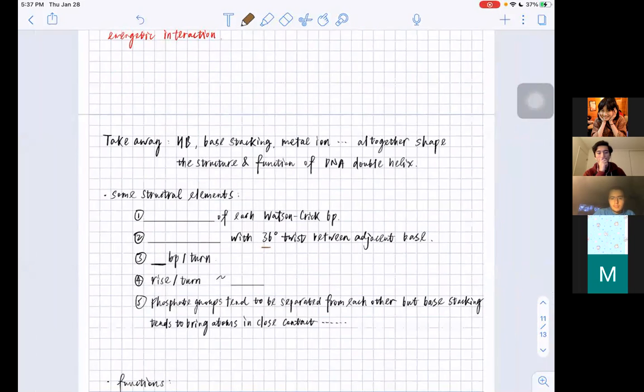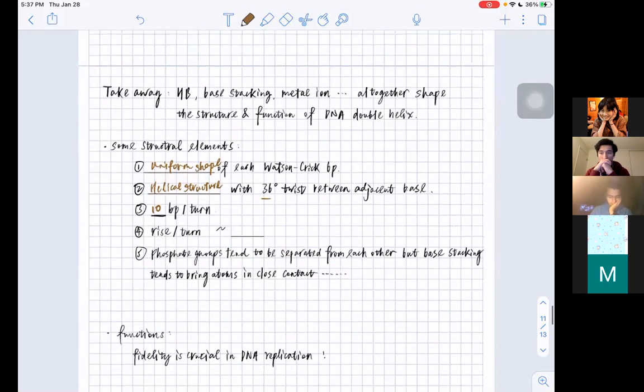Some structural elements you can think about are the uniform shape of the base pair given by the canonical hydrogen bonding, and the helical structure with a 36-degree twist given by the favorable overlapping of the partial charge regions. That gives rise to 10 base pairs per turn, roughly. And because atoms are brought into close contact, rise per turn is roughly 3.4 angstrom.